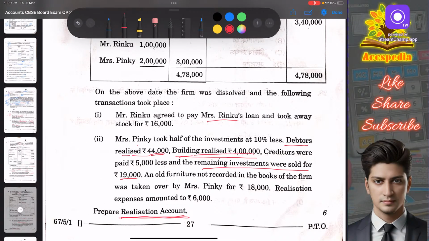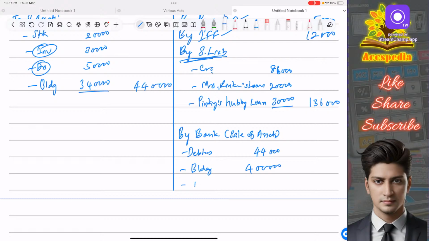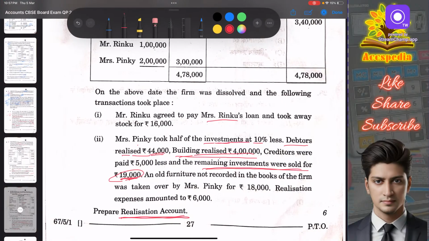And then remaining investments, some investment was taken over by Pinky. So for the remaining investment, we don't want the value of the remaining investment. What value it was sold for, it is given 19,000. That is what we want. The investment remaining sold 19,000.